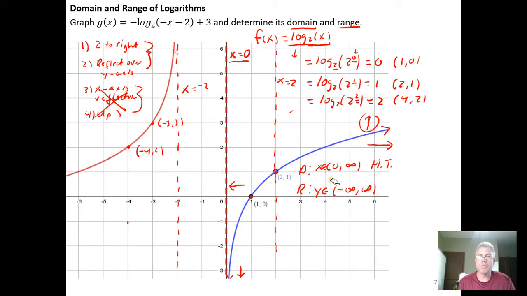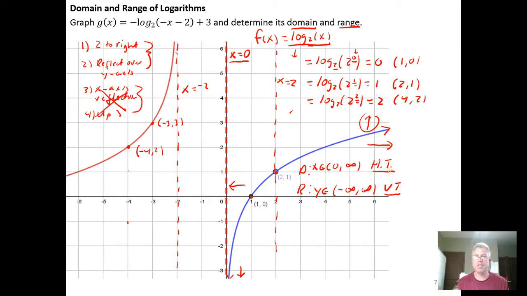So only the horizontal transformations that we applied to the toolbox function are going to have any impact on the domain, and only vertical transformations can impact the range, or the y values, because the outputs are graphed on the vertical axis.